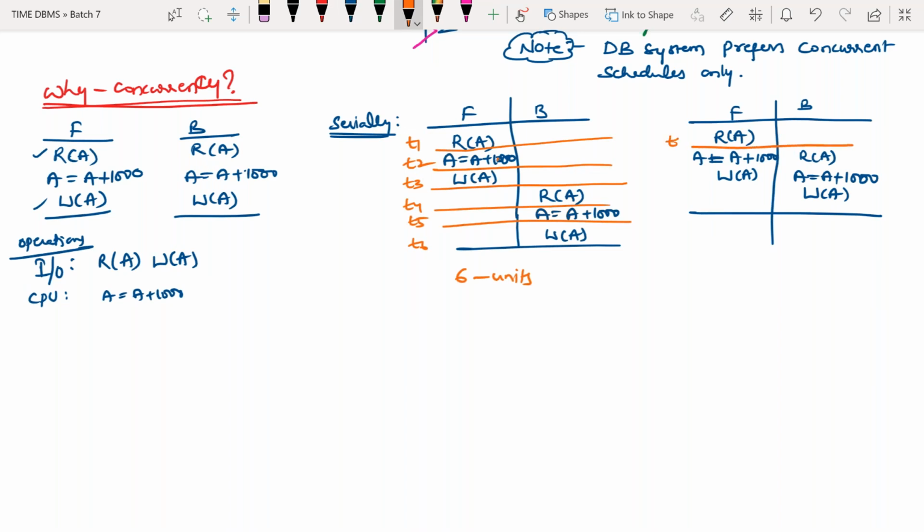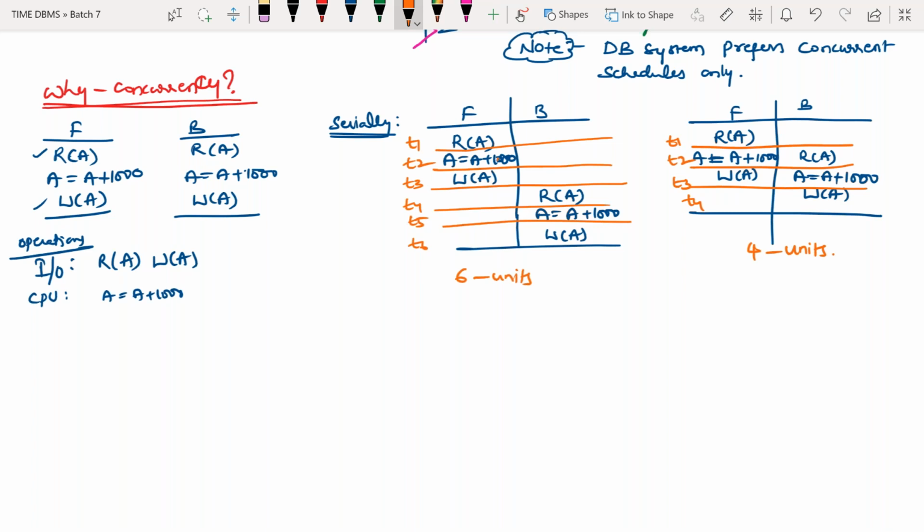In the first unit, F reads the value of A. In the second unit, F adds 1000 to A, and B reads A. In time T3, F writes A, and B adds 1000. At time T4, B writes A. So both are executed simultaneously, but the execution of the two transactions takes only 4 units of time.